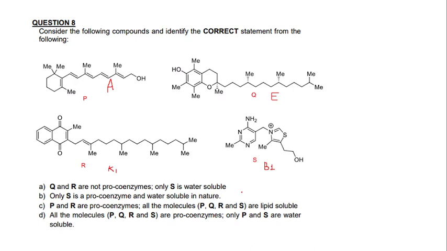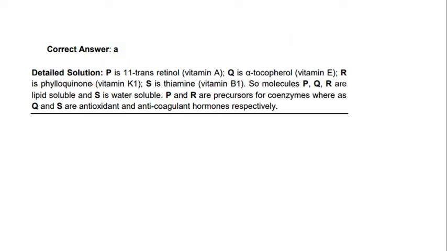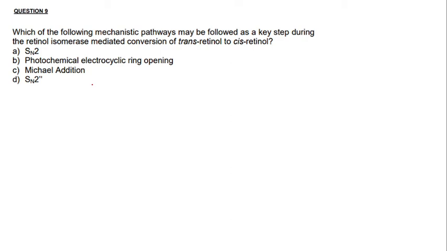So here is the structure of retinal. This is vitamin A. So what will be the key step of the mechanism? It is a question from the organic chemistry perspective, asking which mechanism it involves: SN2, photochemical electrocyclic ring opening, Michael addition, or SN2 prime.